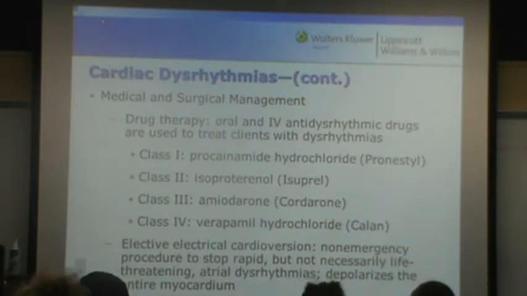Because preferably, we want to do it medically. We want to do chemical cardioversion. That's generally safer. When we use electrical cardioversion, because we're depolarizing that entire myocardium, we're always running the chance that we're going to stop the heart and it's not going to start back normally.